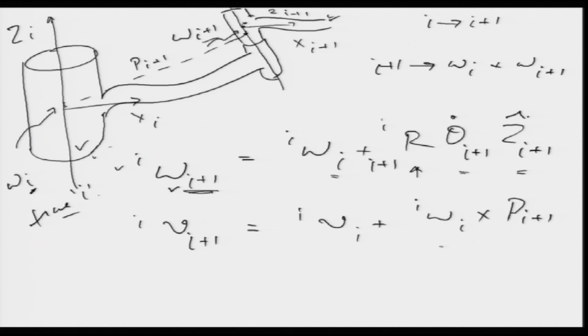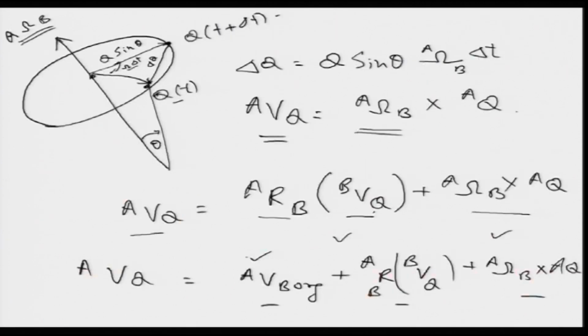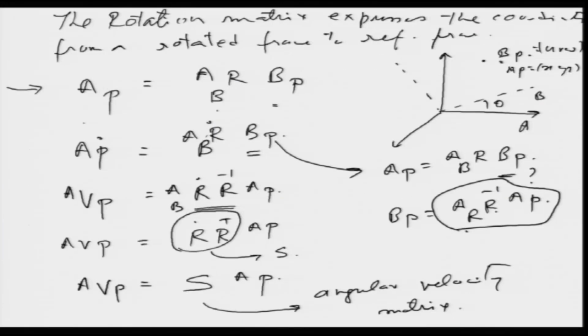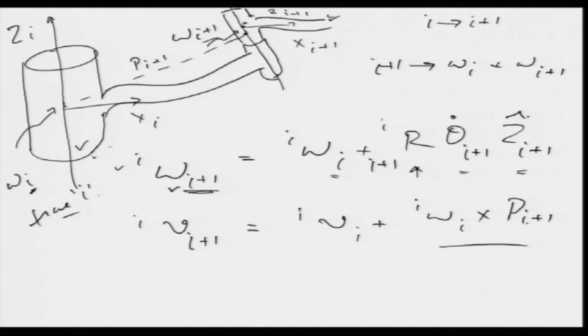This is what we are talking about, that this velocity component will come because there is a rotation involved here. So, what we just expressed some time back, that is this expression here, is basically telling us that this component is coming because there is a rotation. And that component is being shown here, omega cross p i plus 1. Now, I want to express this in frame i plus 1.